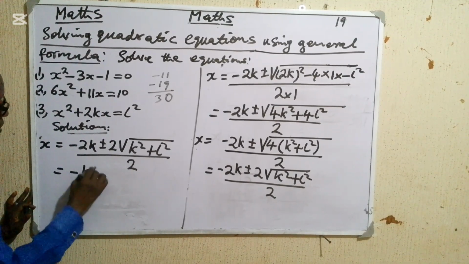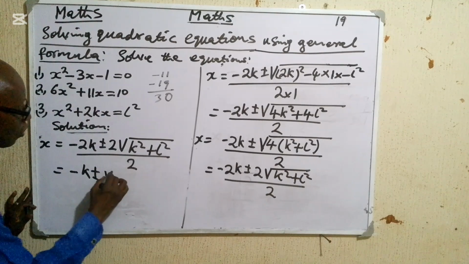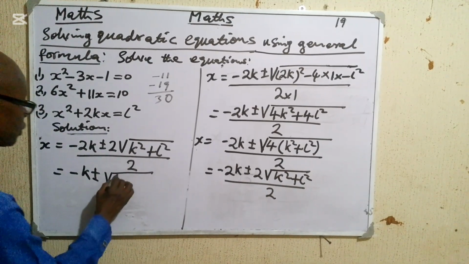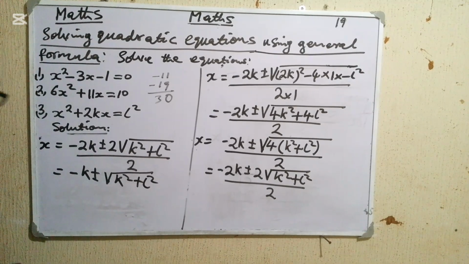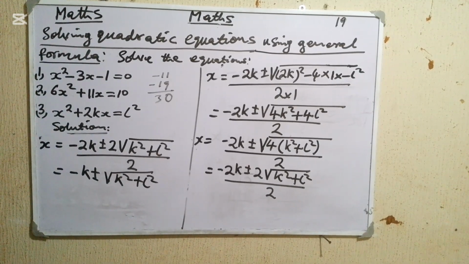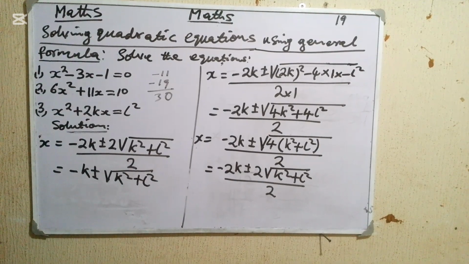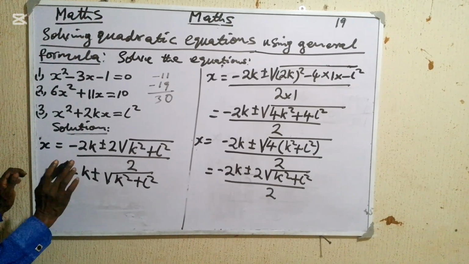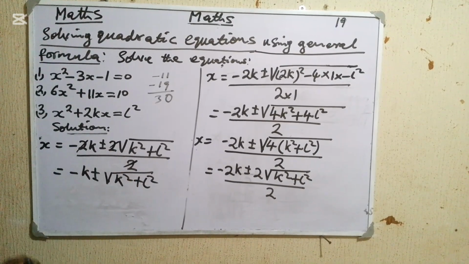That will give us minus k plus or minus square root of k squared plus L squared. We are not having a 2 again, because we have used 2 to divide. That means this, this, and this.